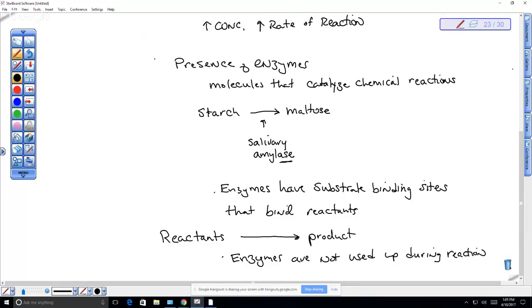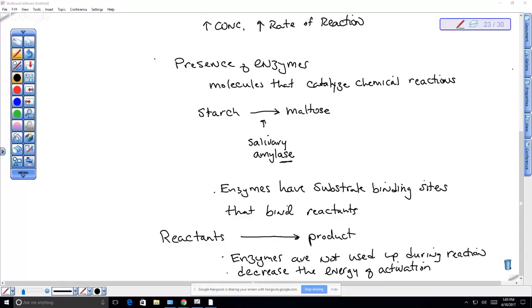And they do this by, they tend to decrease, enzymes do, what is called the energy of activation. And that's the energy that is necessary for the chemical reaction to occur. So that says activation. So they decrease the energy of activation.